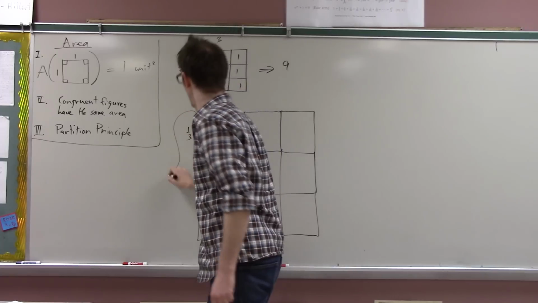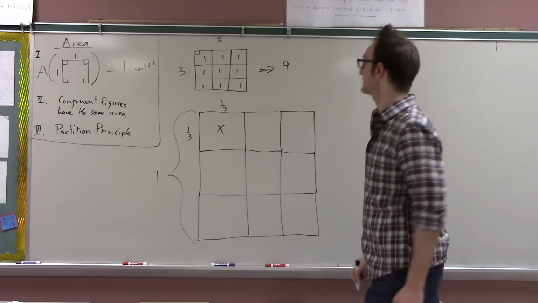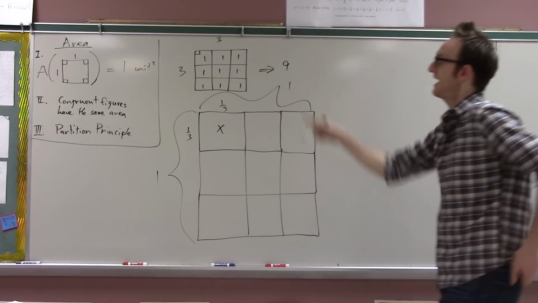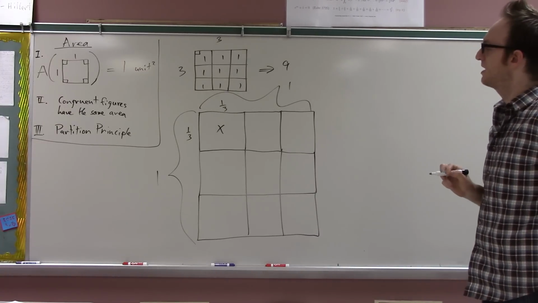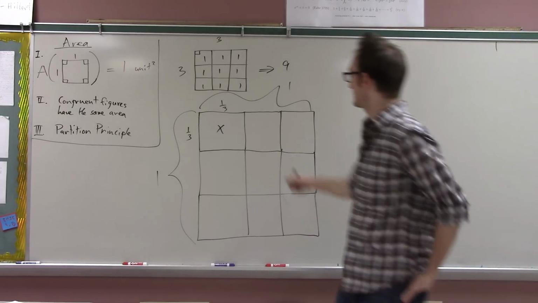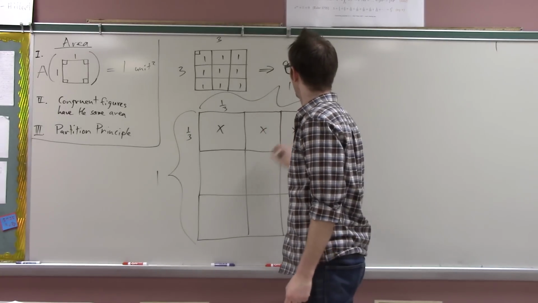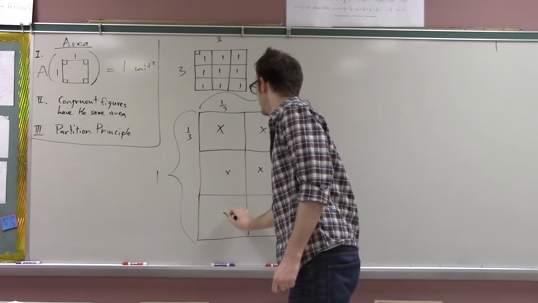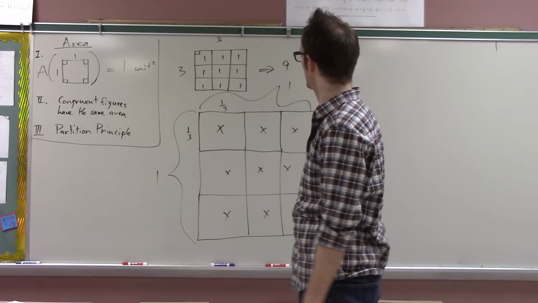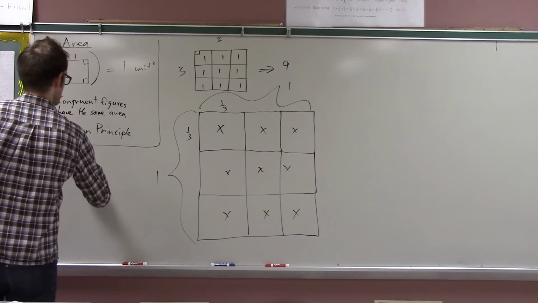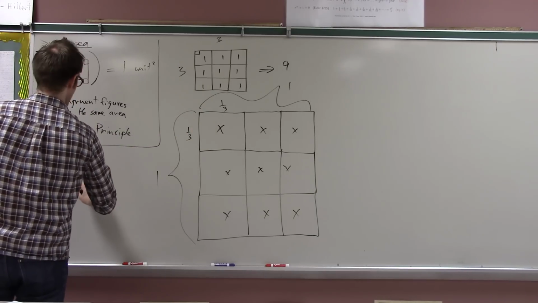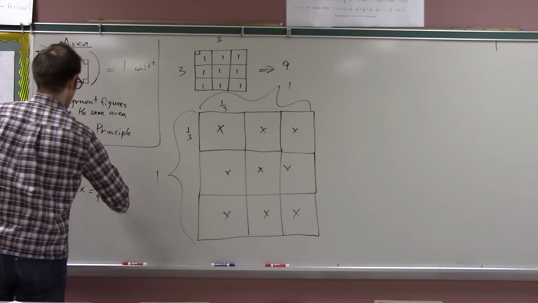Well, I now have a big square, which is a 1 by 1 square, and by my first area axiom, this tells me that the area of this square is 1. But these figures can all be proven congruent to each other, and so this argument leads me to the conclusion that 9 of these figures have area 1, and so x must be 1/9.